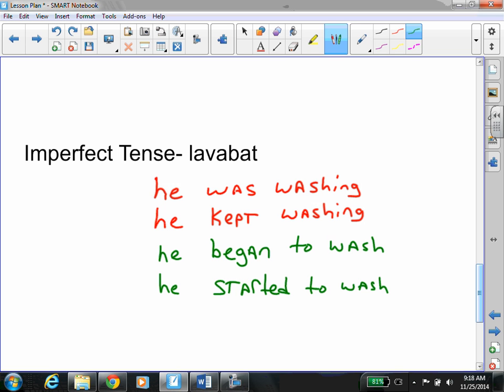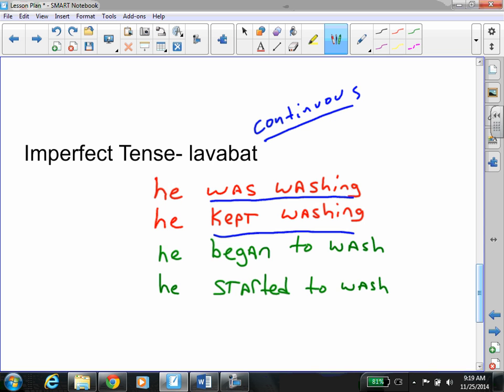There are multiple ways of translating the imperfect tense. Your basic rule is that this is a continuous action. It happens over a continuous period. Was washing is not for a second. He was washing over a period of time. He kept washing over a period of time. He began to wash and continued washing.